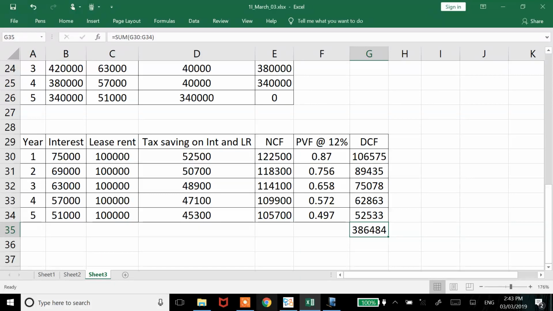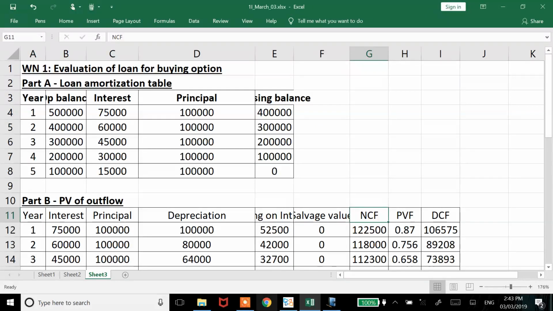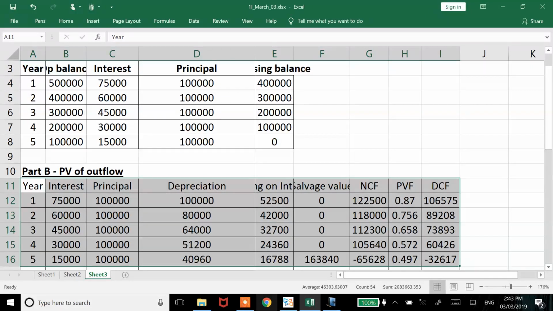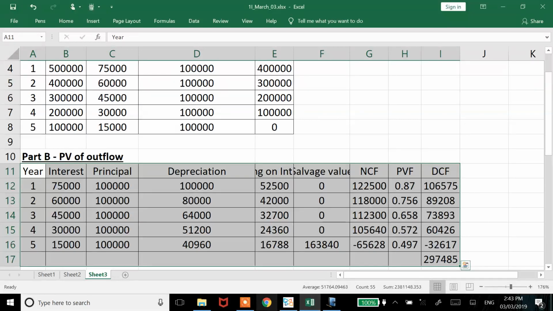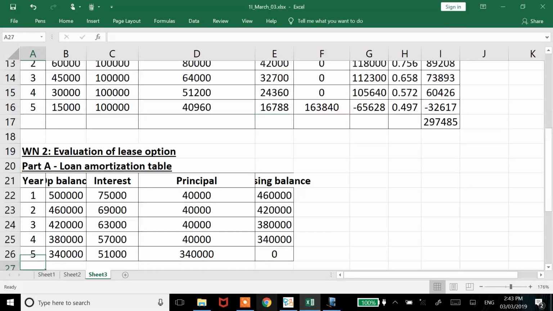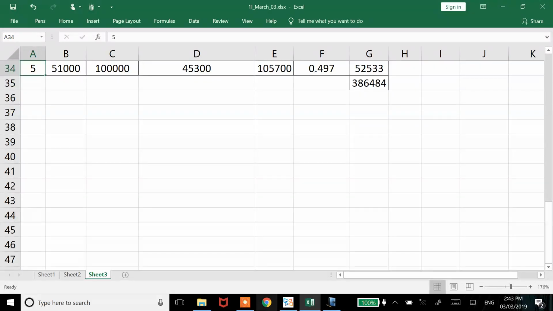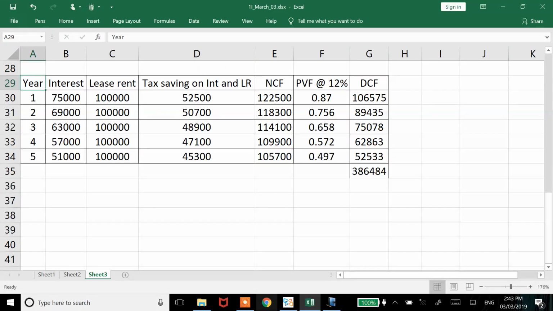You can finally write a conclusion. The company should go ahead with the buying option as the PV of outflow is lower.